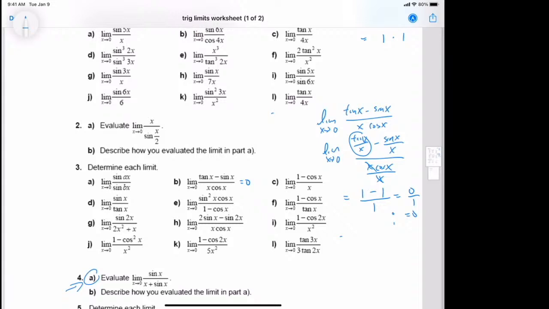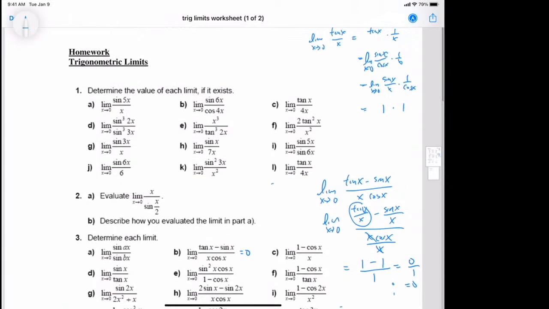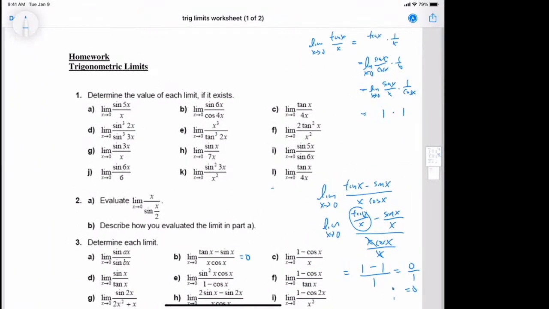Let me know if you have any questions about what I did. Could you scroll up a little bit? Sure. Yeah, that's smart. So what I did is I tried to make sine x over x happen. That is my best friend. If sine x over x happens, or even tangent of x over x, it's going to be the same answer as sine x over x.